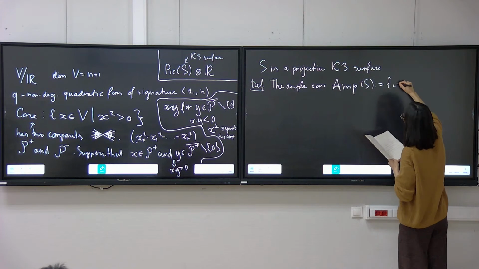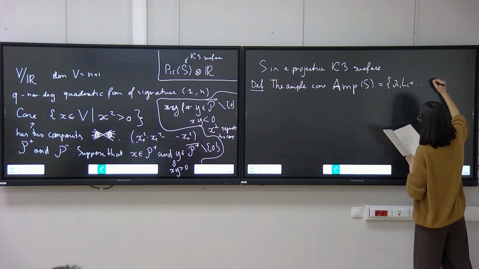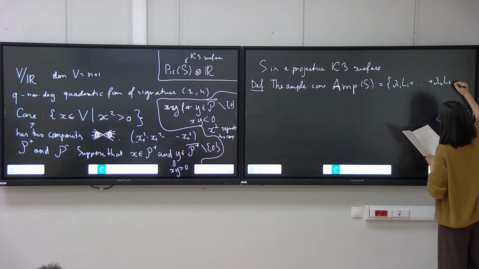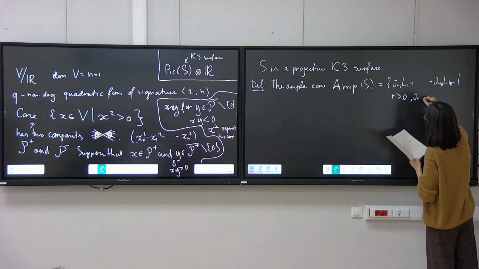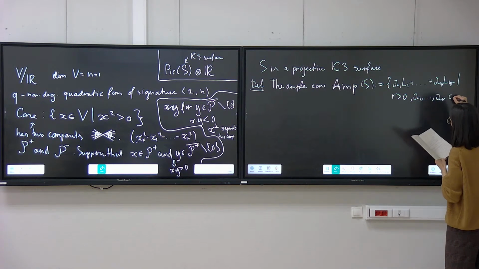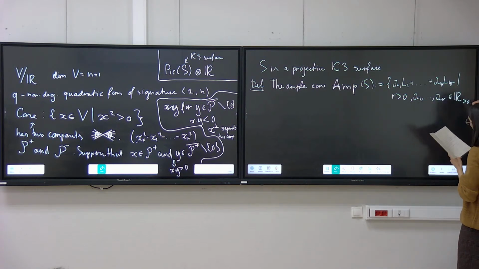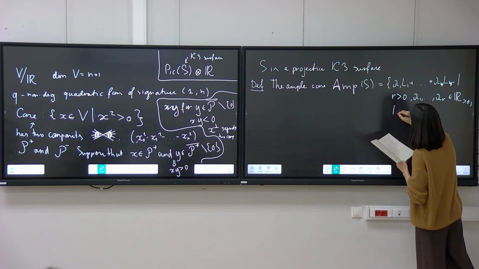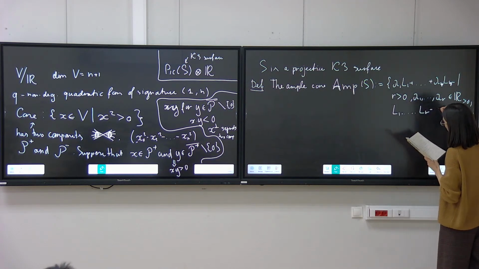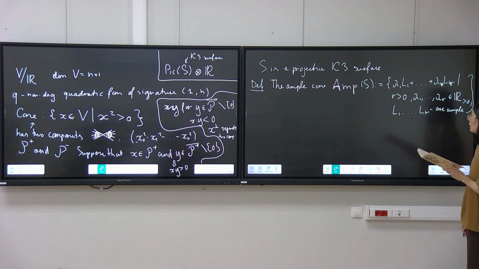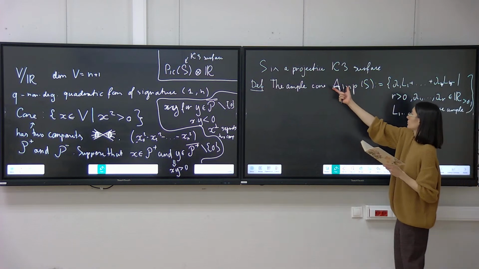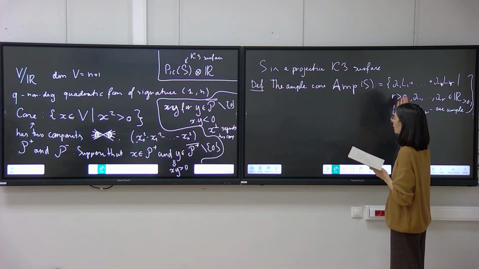By definition, this is the set of positive real linear combinations of ample line bundles L_i, with positive real coefficients. So this is the ample cone. For a non-projective K3 surface, we can also define it, but it can be empty.